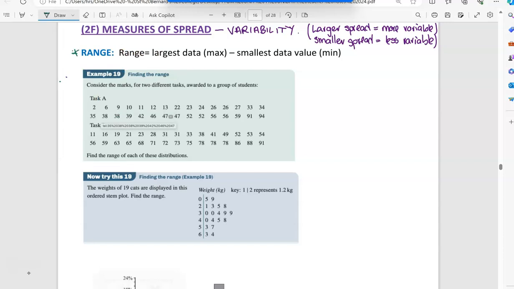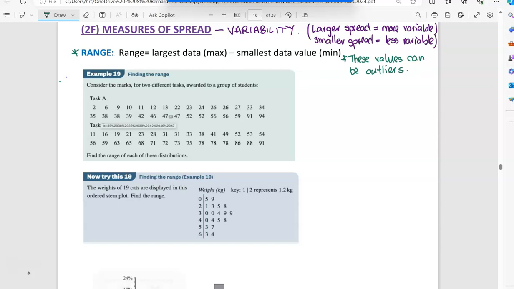The basic range is the largest minus the smallest. We'll write a little note that these values can be outliers. We'll see it when we do dot plots. That's still the maximum, or still the smallest value.